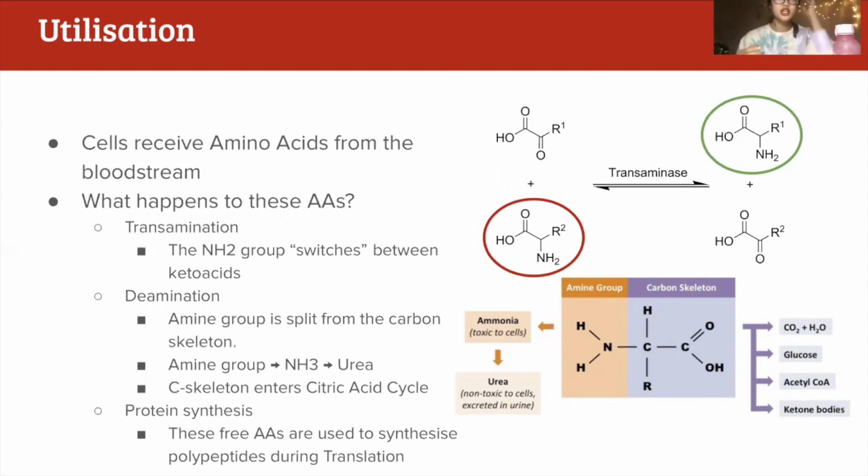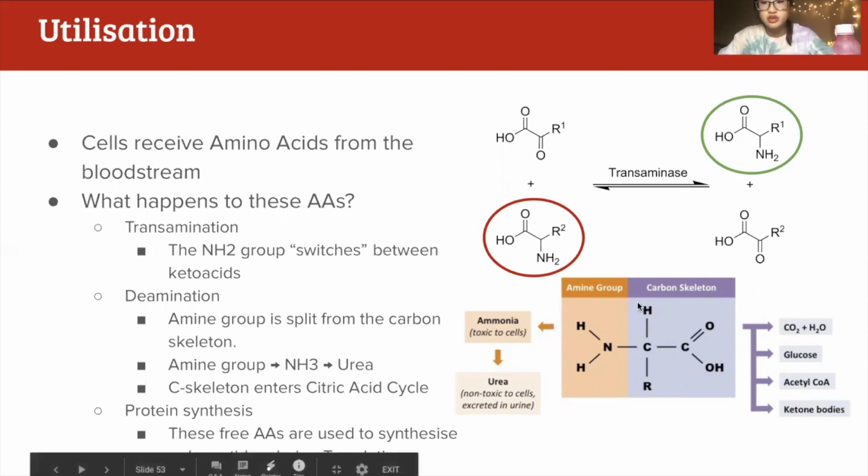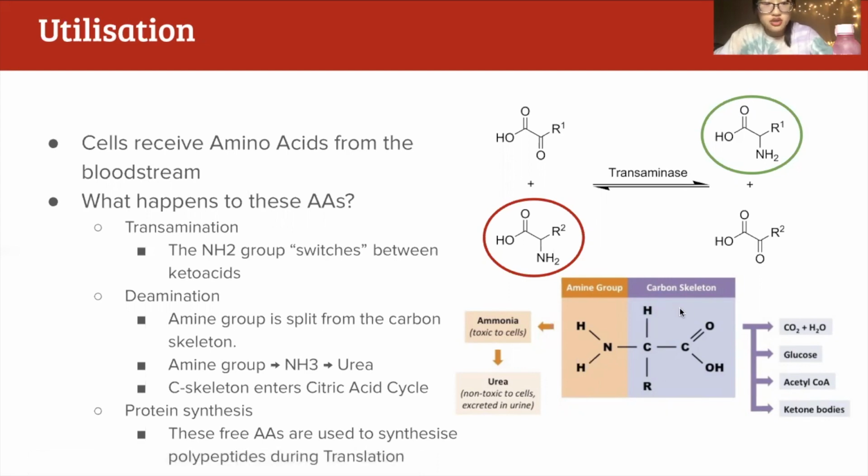All right, so deamination. The amine group is split from the carbon skeleton. So this is your amine group, right? And then this is your carbon skeleton. Again, this is a very, very clear diagram to show you what I mean. So this amine group, when it's split from the carbon skeleton, is converted to ammonia, which is bad, which is also, interestingly enough, the reason that pee smells so bad.